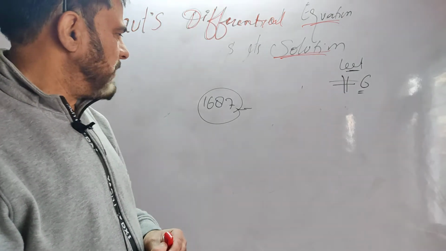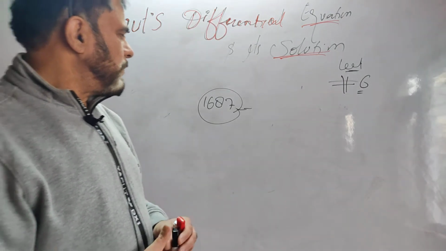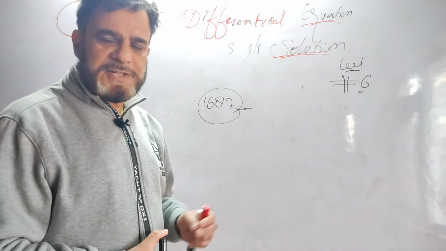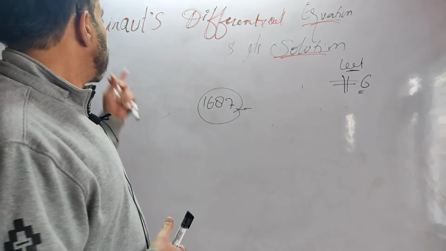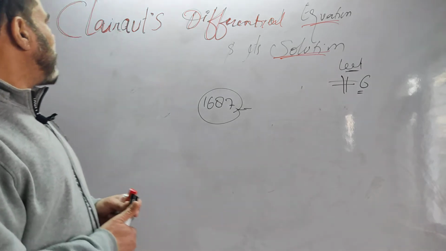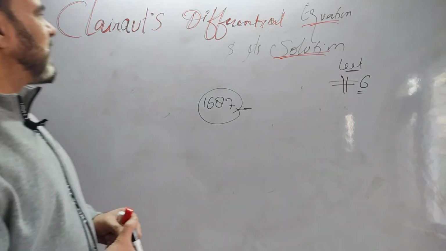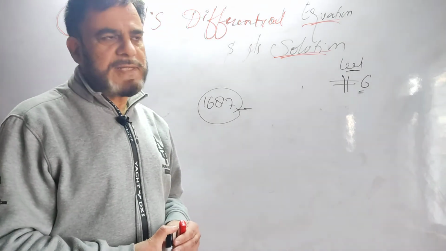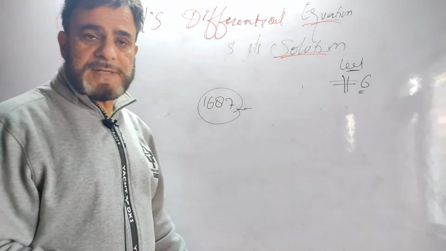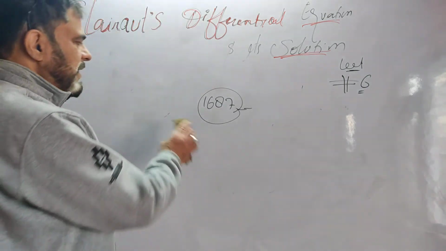Very important theorem. Then he proved this Clairaut's relations, and we are now discussing the famous result of this great French mathematician, Clairaut's differential equation. It has a tremendous application in physics and other parts of science.